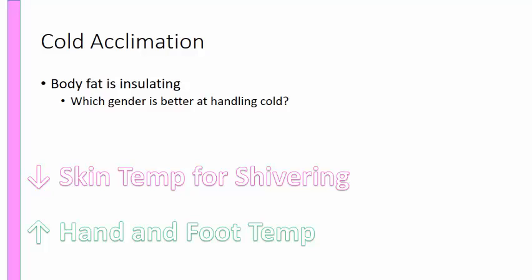If we have a lot of blood flow to our skin, to our hands and feet, then our body is better at vasodilating these arteries to our hands and feet, and that's going to increase the temperature at our hands and feet so that we're less likely to get things like frostbite.